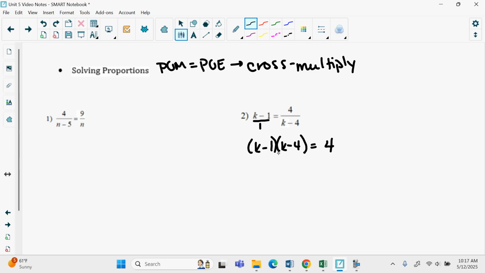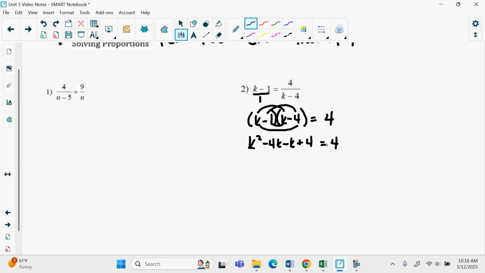Now over here, I've got a binomial times a binomial, so I'm going to need to double distribute or FOIL. K times k is k squared minus 4k minus 1k, and then negative 1 times negative 4 is positive 4. And then getting some like terms together. So k squared minus 5k plus 4 equals 4.